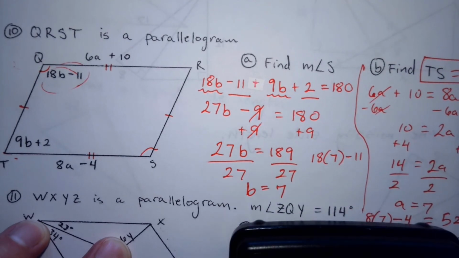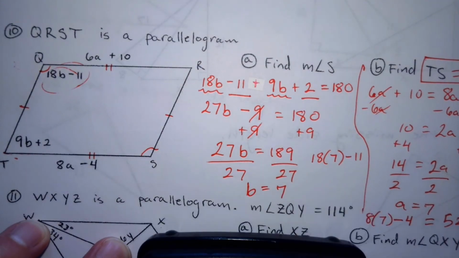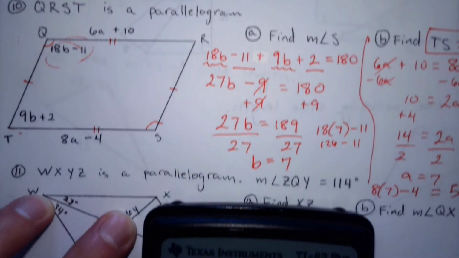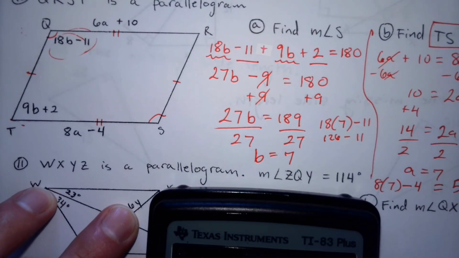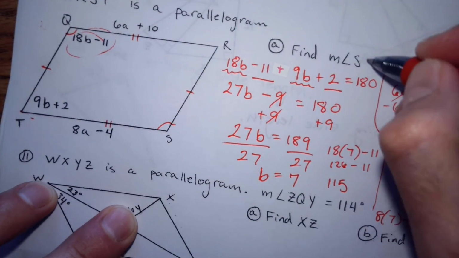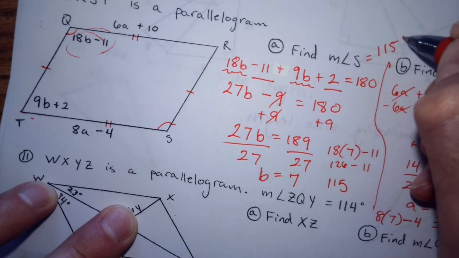What's 18 times 7? 126 minus 11. And what is that? Minus 11. 115 is our answer, equals 115 degrees.